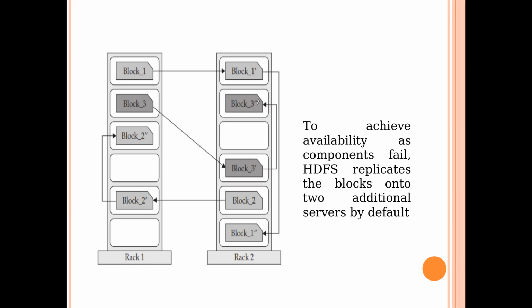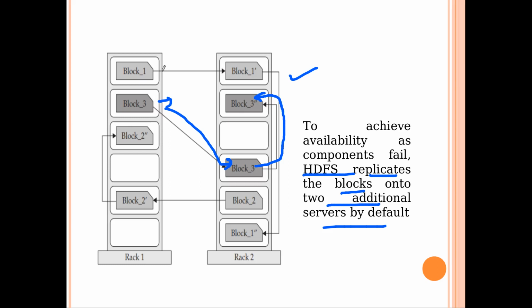So this is the structure where we are showing the redundancy. That means the same block of data is being replicated. You can see here, to achieve availability as components fail, HDFS replicates the blocks onto a number of different servers. These are different racks where different blocks are stored in different nodes. You can see block 3 is being processed here, but block 3 is also replicated here, as well as in another rack, stored in a different location in replicated format.